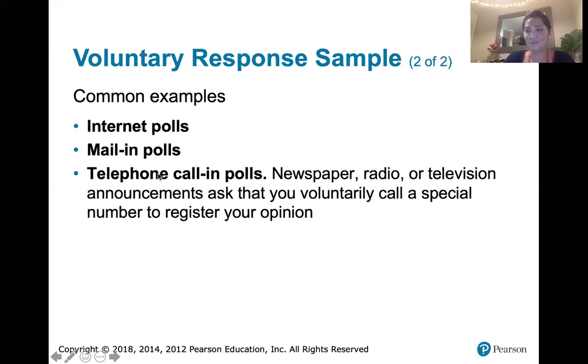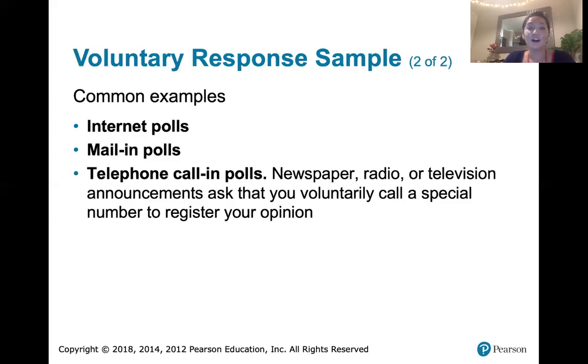Mail-in polls are the same thing. If they send you something to your house and then they ask you to participate in a poll, the results of that poll only tell you about the people that were polled. They don't tell you about everyone. And the same thing is true with telephone call-in polls. Newspapers, radio stations, and television announcements sometimes will ask you to call and share your opinion.